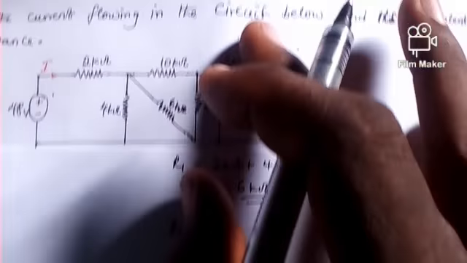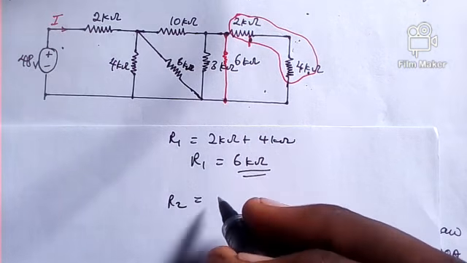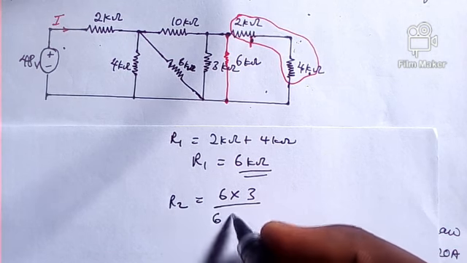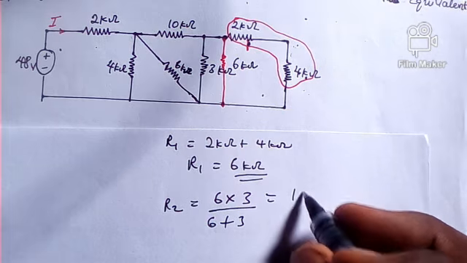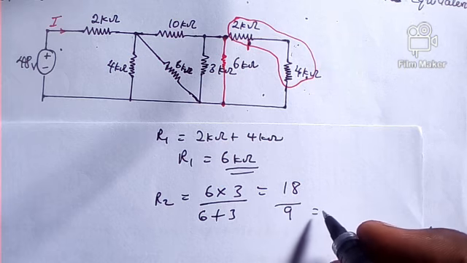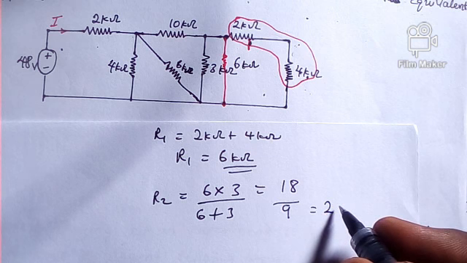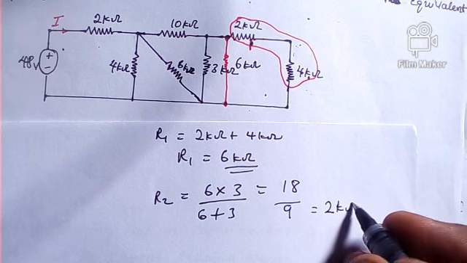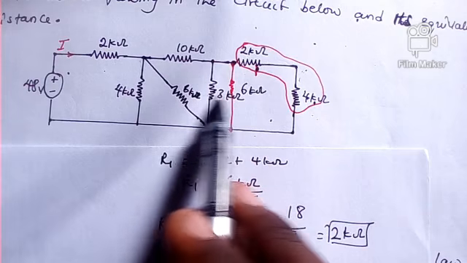R2 will be equal to 6 multiplied by 3 divided by 6 plus 3. 6 times 3 is 18, divided by 6 plus 3, which is 9. When we divide these, we have our answer to be 2 kilo ohm. And that is what we have here. This is the equivalent resistance of these two resistors.